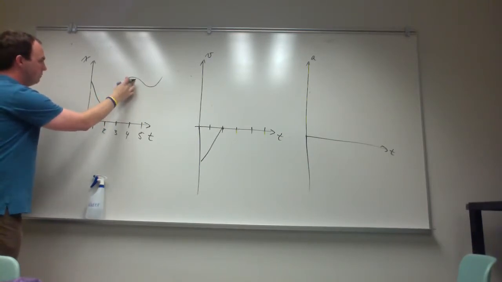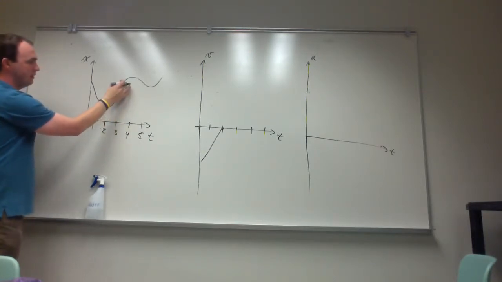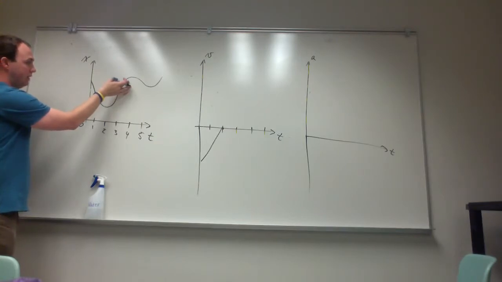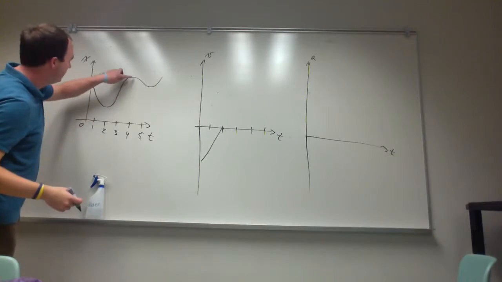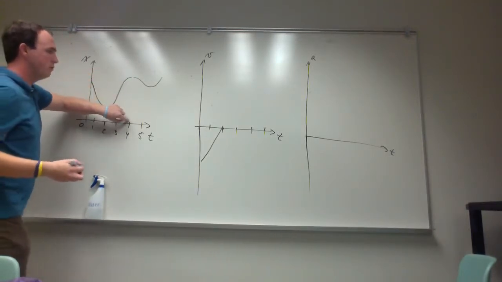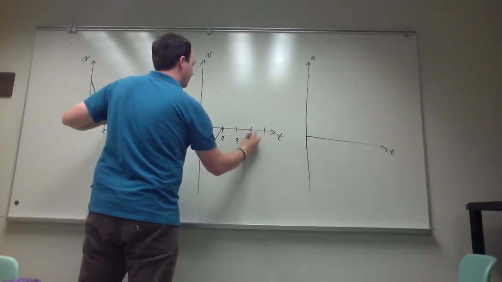get to, so positive, more positive as it gets steeper, then it levels off, so I'm going to get less positive, and then eventually get to 0 again there, just before time equals 4 seconds, so 2, 3, 4.